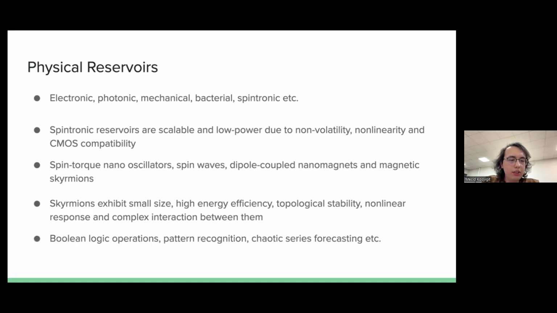Recently, skyrmion-based reservoirs have been successfully demonstrated to realize benchmark tasks, including standard Boolean logic operations, pattern recognition, chaotic series forecasting, etc. We will be focusing on pattern recognition and chaotic series forecasting in this paper.